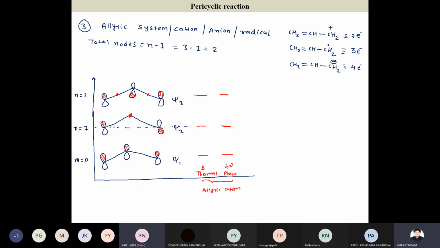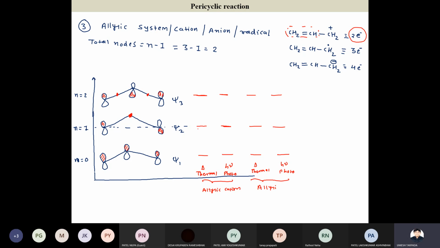There are 6 in total. In the allylic cation there are 2 pi electrons, 1 pi bond is there. We would draw the diagram separately, and anyone can be asked, but we are writing it here combined together.